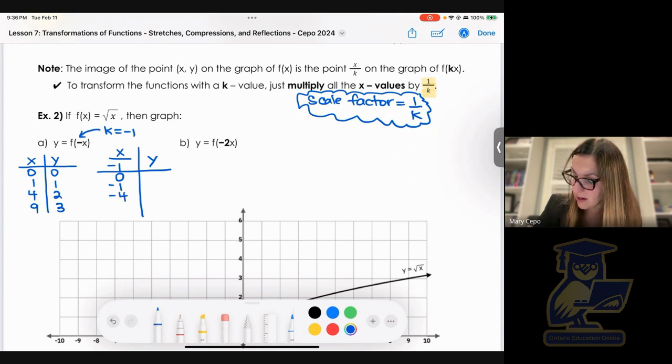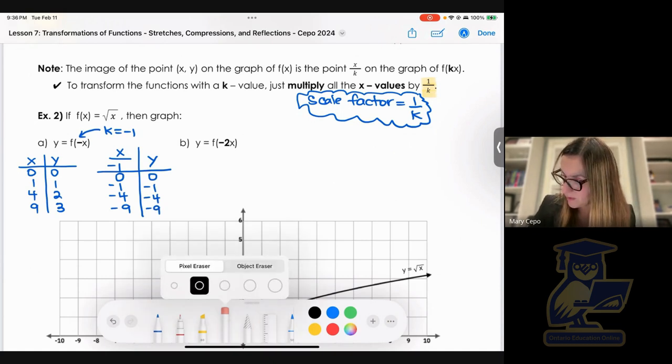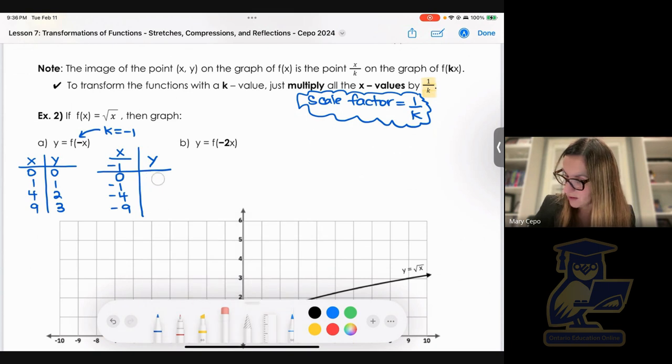And 9 divided by negative 1 is negative 9. The y's remain the same. So it would be 0, 1, 2, and 3.